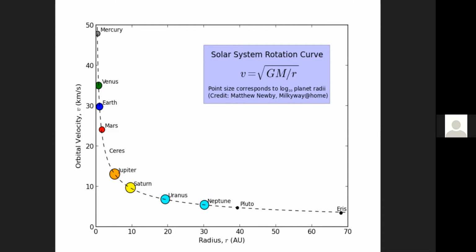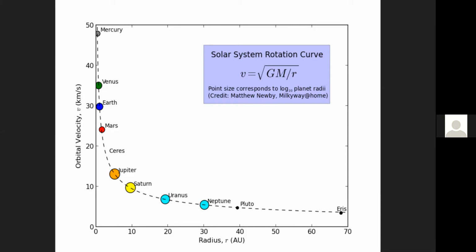On the other hand, when we look at the outer planets like Neptune, we see that that's now at 30 astronomical units from the Sun. It's in a much, much weaker gravitational field, so it only needs to orbit very, very slowly in order to counteract gravity. So we can plot the curve that the formula predicts.